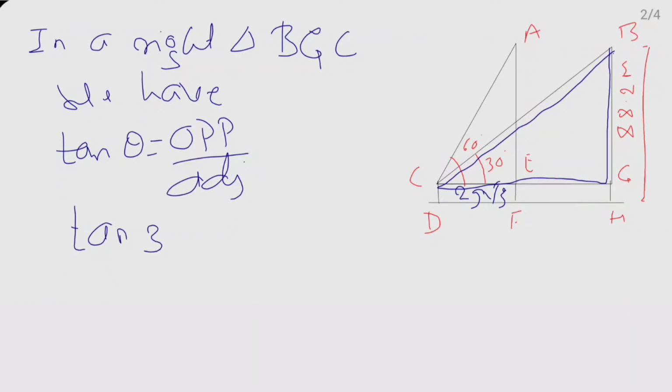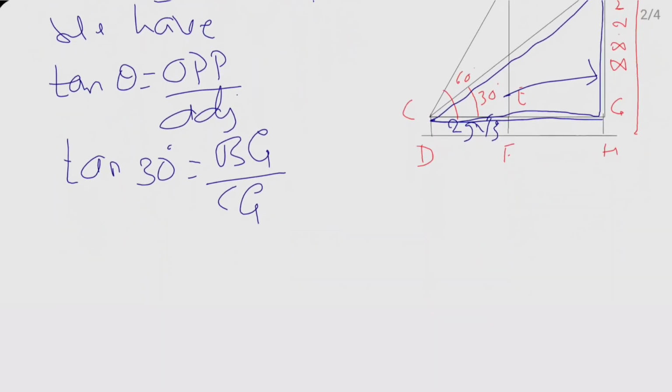Tan 30 equals, so the side opposite 30 is BG, BG divided by adjacent, which is CG.